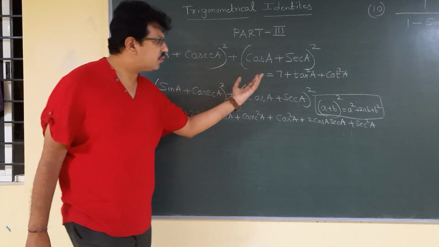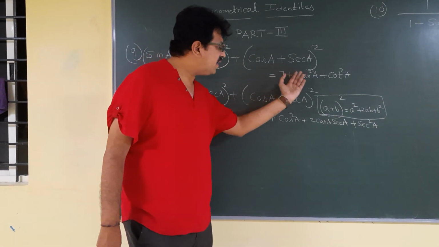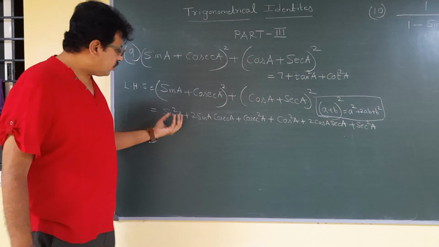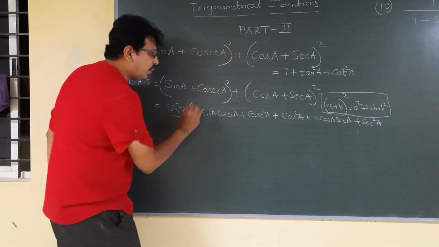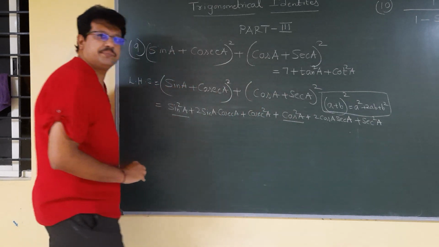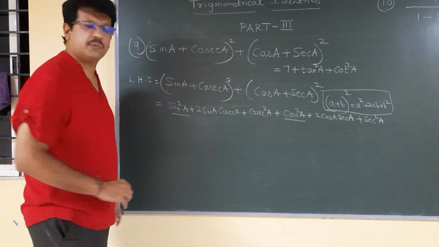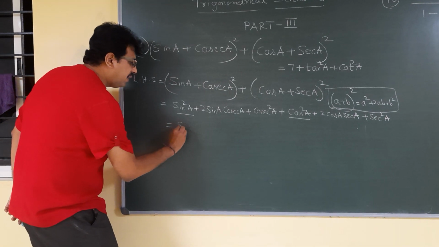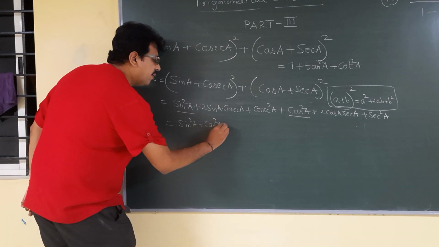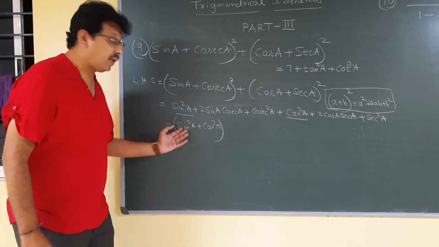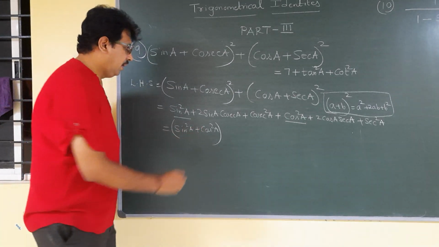The proving part is very important for us to observe: 7 plus tan square a plus cot square a. So if you observe very carefully, sin square a is there, cos square a is there, so we need to arrange the terms. I hope all of you are remembering the identity: sin square a plus cos square a is nothing but 1.